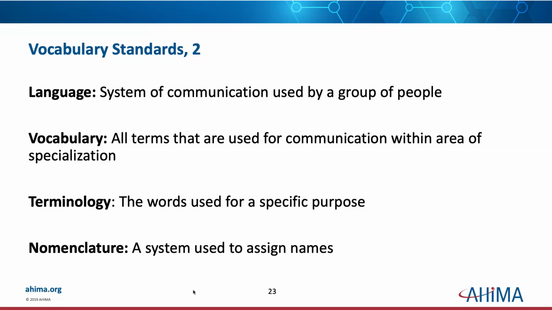Terminology is the words that are used for a specific purpose, and nomenclature is a system used to assign names. So make sure you know all of these, that under vocabulary standards, it includes language, vocabulary, terminology, and nomenclature, and make sure that you know what the meaning of each of them is.